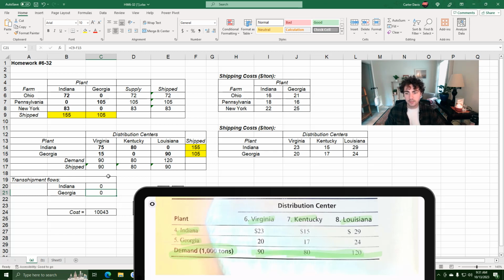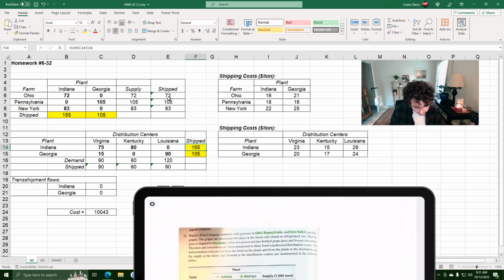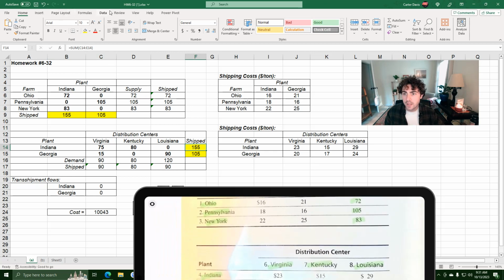The way they made sure that everything from the Indiana plant got sent away, every last thousand tons, is by making sure that the difference between these two cells, 155 and 155, was 0.